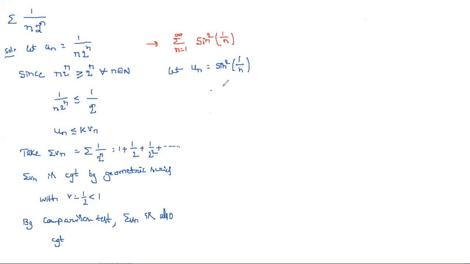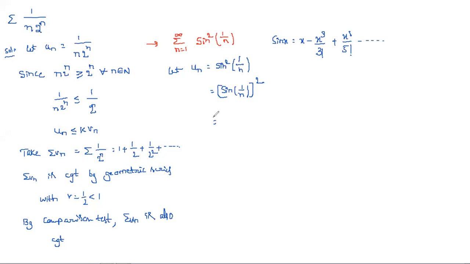This is nothing but sine 1 by n whole square. Do you know the expansion of sine x? Sine x is x minus x cube by 3 factorial plus x power 5 by 5 factorial minus and so on.